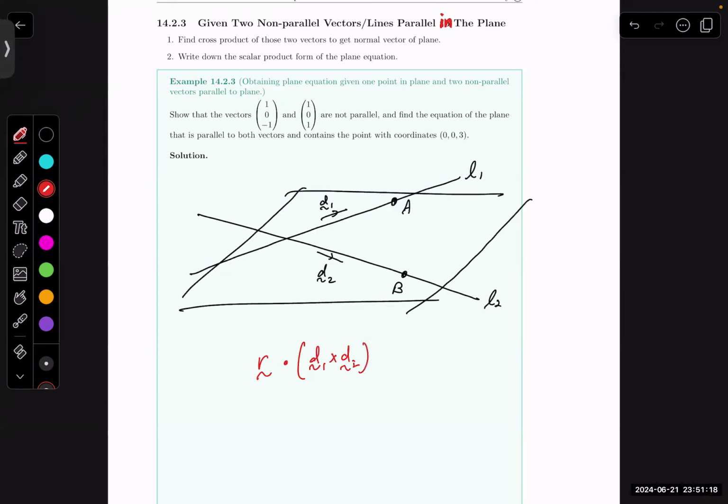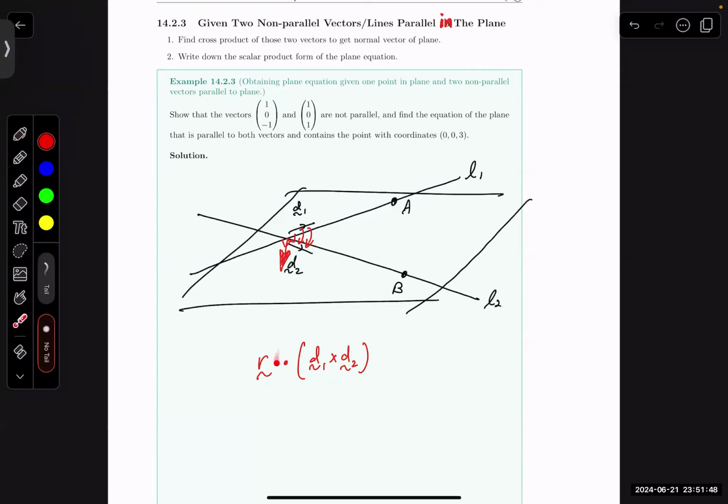Okay, why do you do this? Because if you do your cross product, let's put this at this corner. Let's put this at this corner as well. When you do your cross product, you will get a normal vector. In this case, it will point downwards, but it's not very important. Because you get a normal vector, this will be the normal vector to the plane.